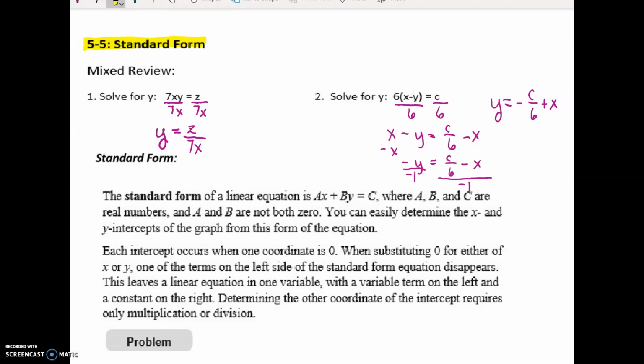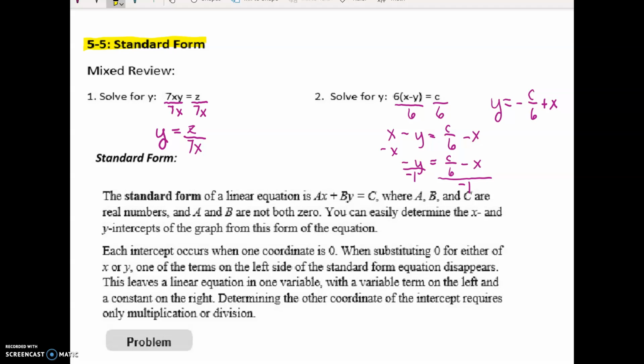On number 2, I started by dividing both sides by 6 to move that over. Then I wanted to move the x, so I subtracted the x. And I still have to get rid of the negative here, or the -1 in front of the y. So I have to divide both sides by -1, which really just changes your signs.